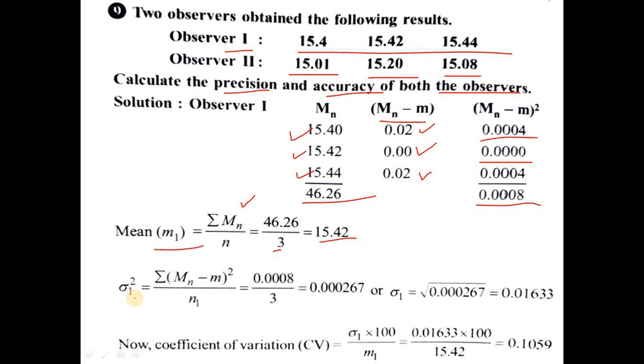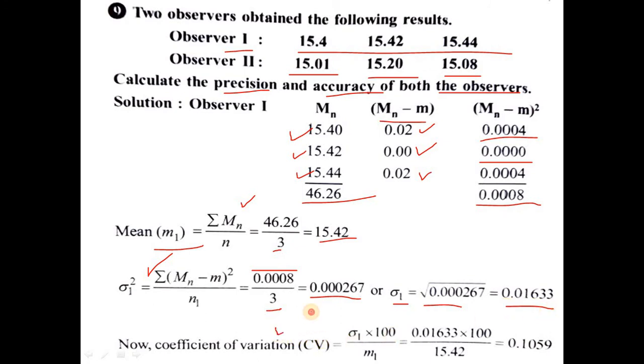So (Mn minus M) square divided by n minus 1 is calculated. Here when we put all the summations, that is 0.0008 divided by 3, the answer is 0.000267. And for the standard deviation we take the square root of this value, so the standard deviation is 0.01633.